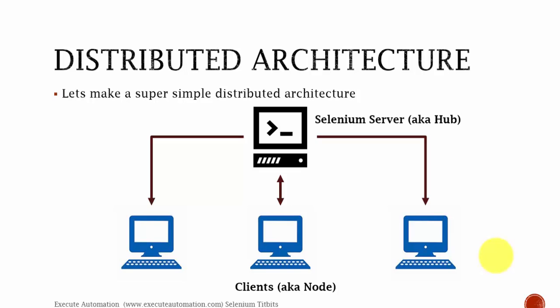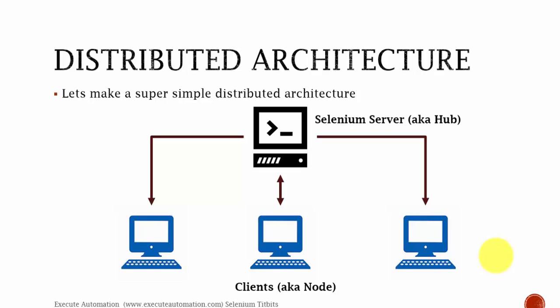Now while you try to execute a test from the WebDriver, which is nothing but your Eclipse, the request directly goes to the server, and the server knows that this particular request has to be served by this particular client. And this particular client has this kind of operating system and this kind of browser.